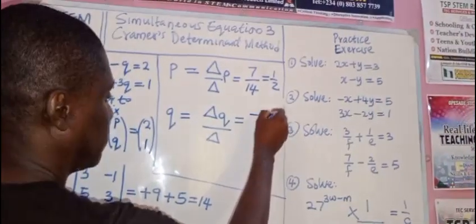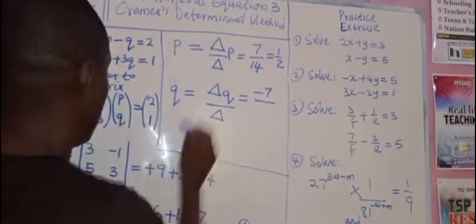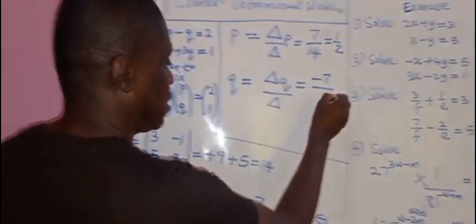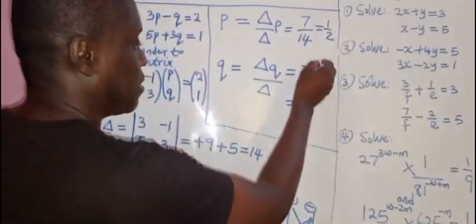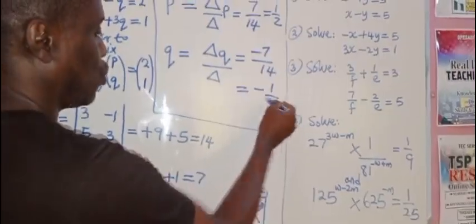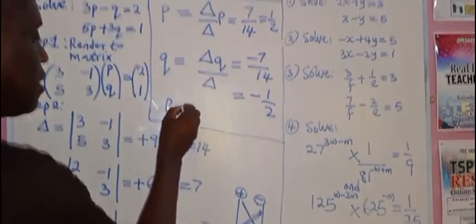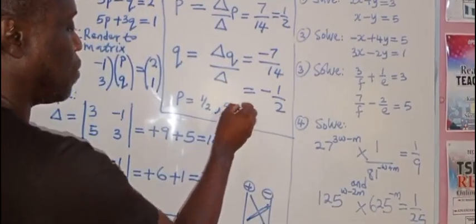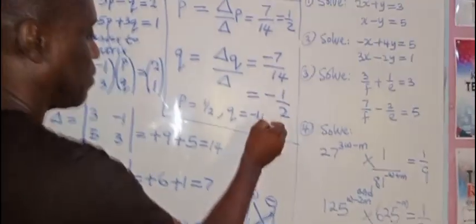That's minus 7 over. What is our delta? 14. This gives us minus 7 here 1, 7, 14, 2. So our P is half, comma, our Q is minus half.